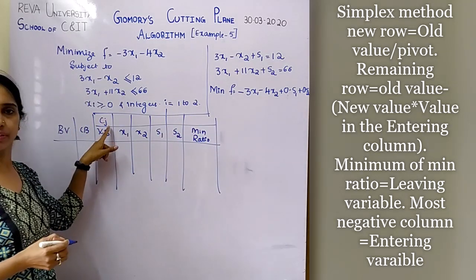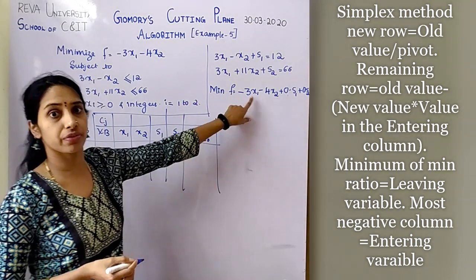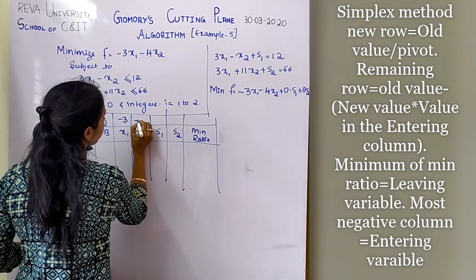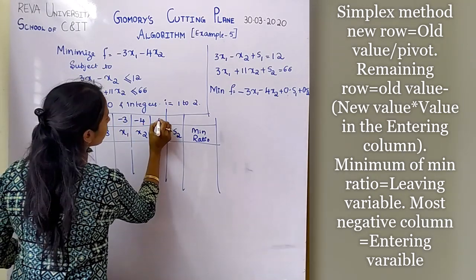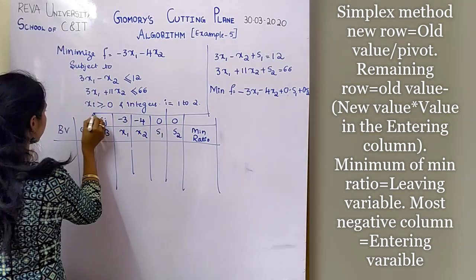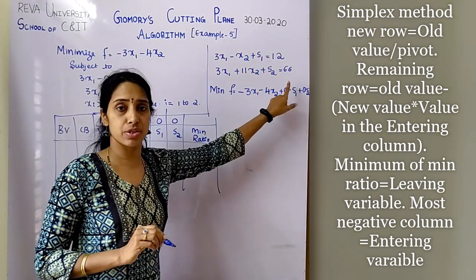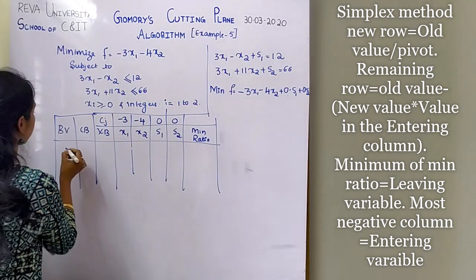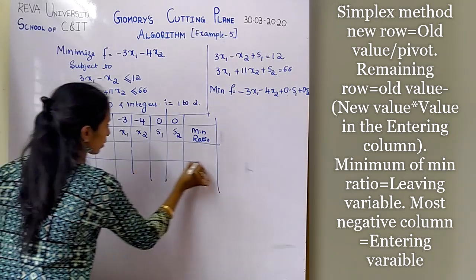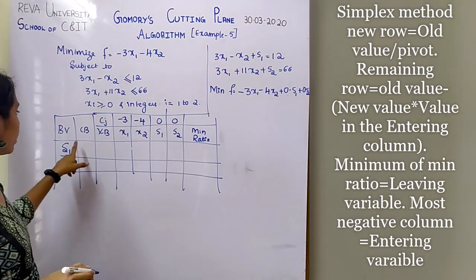Now first we'll fill this. What is the coefficient of x1 in your objective function? Minus 3. Then x2, minus 4. Then 0, 0. Now, what are your basic variables here? We'll be considering s1 and s2 as basic variables initially.